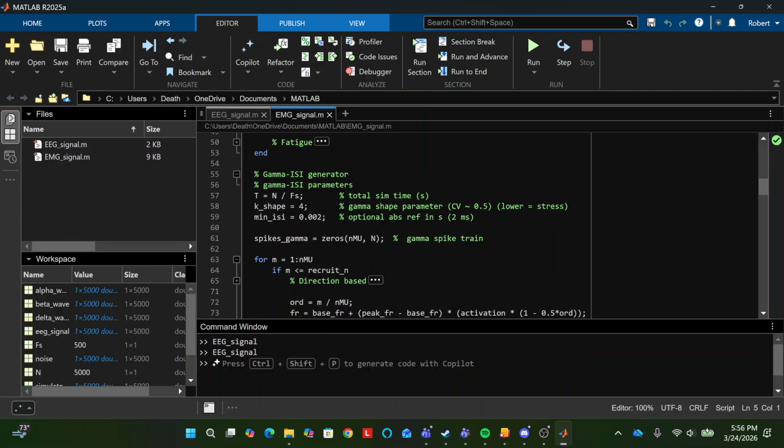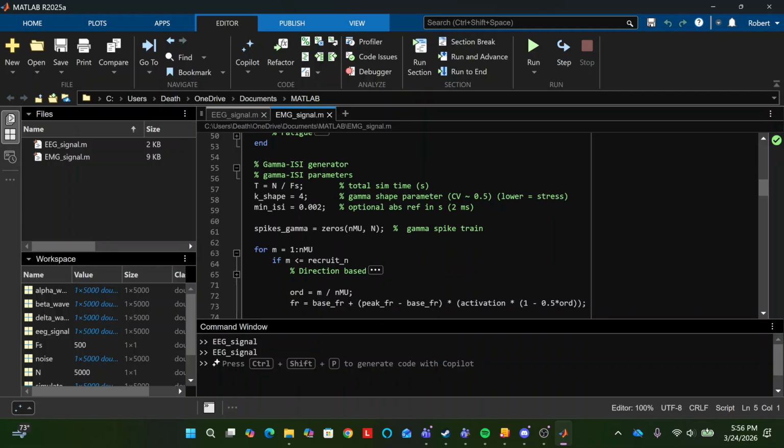We use a gamma ISI generator, which is one way of simulating the muscle, or simulating EMG signals, which is the electromyography type signal.